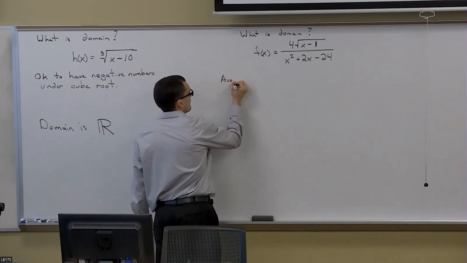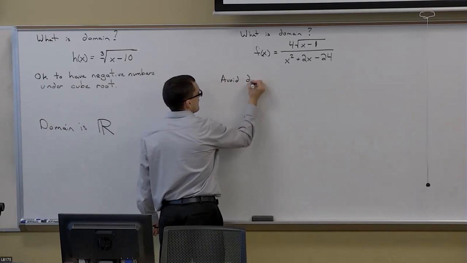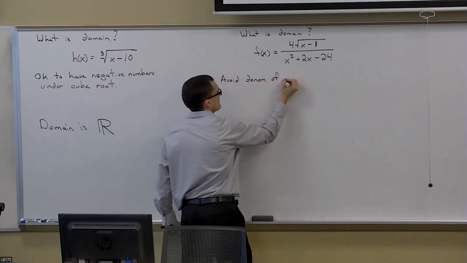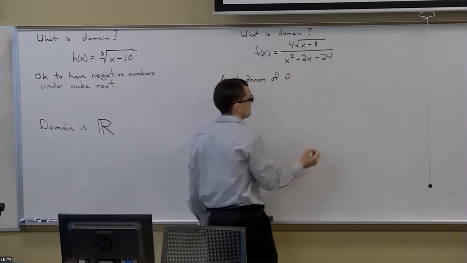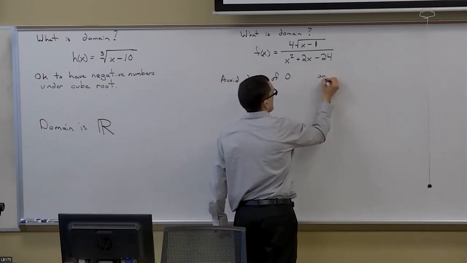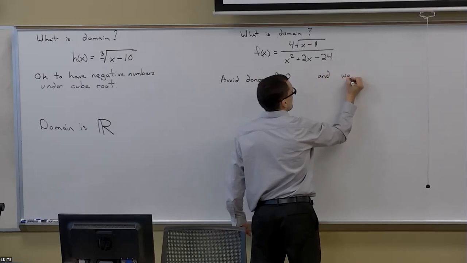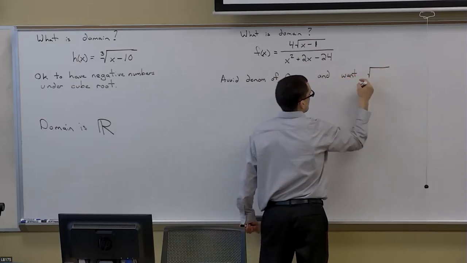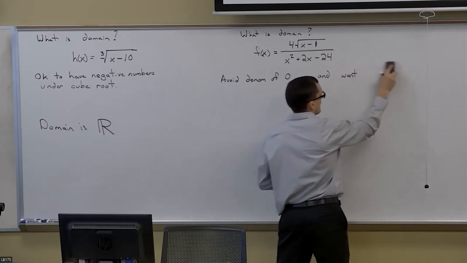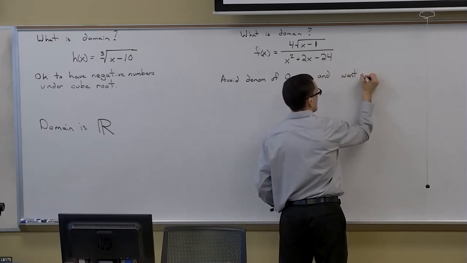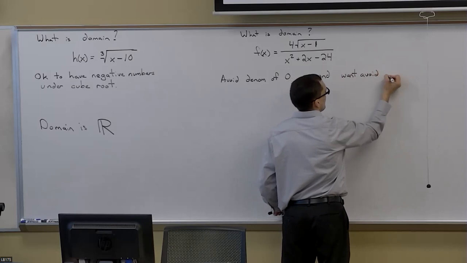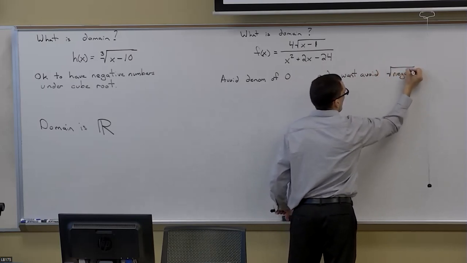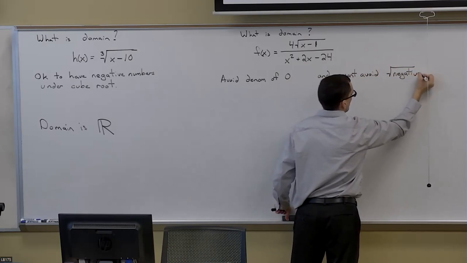Avoid a denominator of 0. You don't want to divide by 0. And we want to, let's say, avoid square root of negative. I'll write it that way.